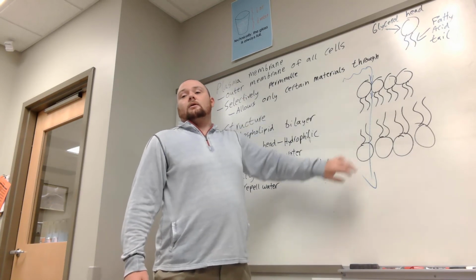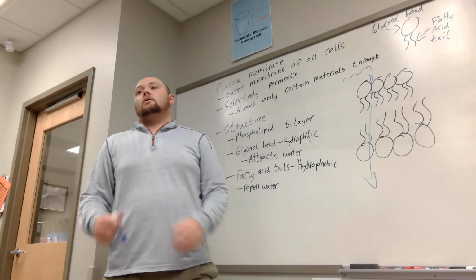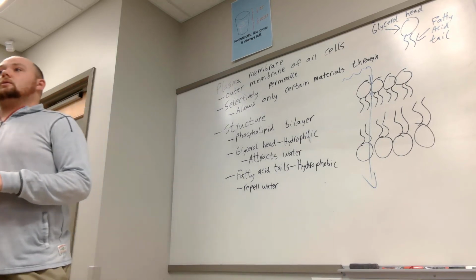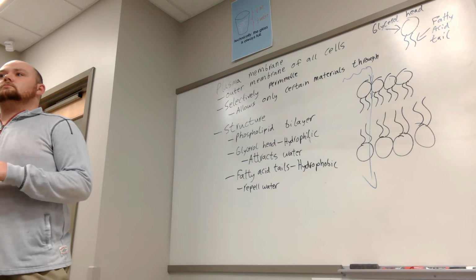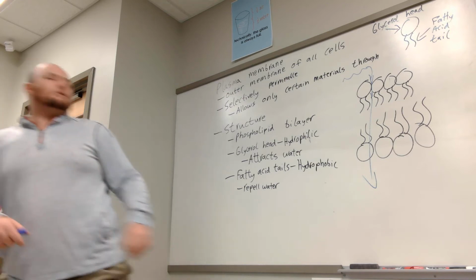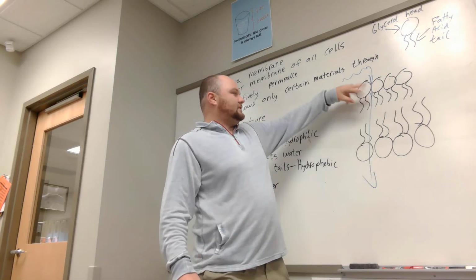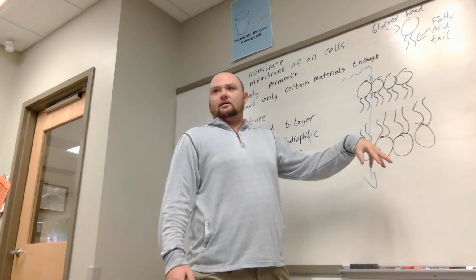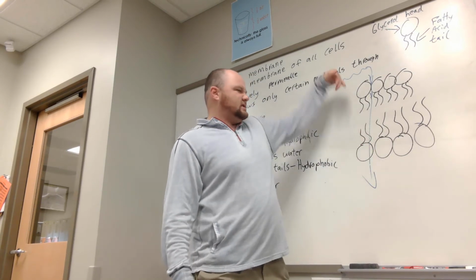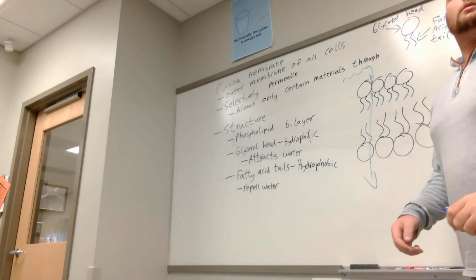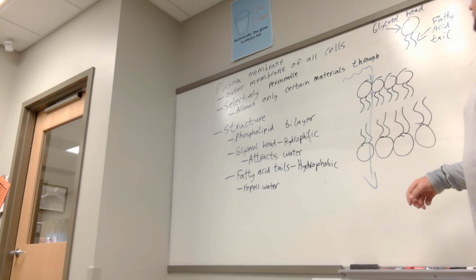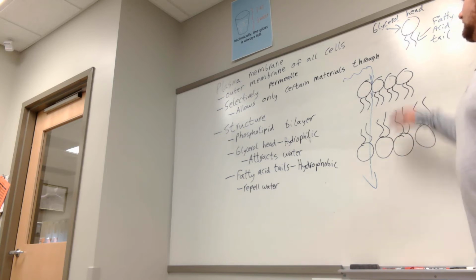Wait, so then the glycerol head has to be way stronger than the fatty acid tails. Doesn't it pull it all the way through? Kind of, yeah. It's pulling down here, but this is also pushing. Oh, I see. This is pulling and this is pushing. But then those are also pushing away at the same time, the ones on the bottom. Yes, you're correct.